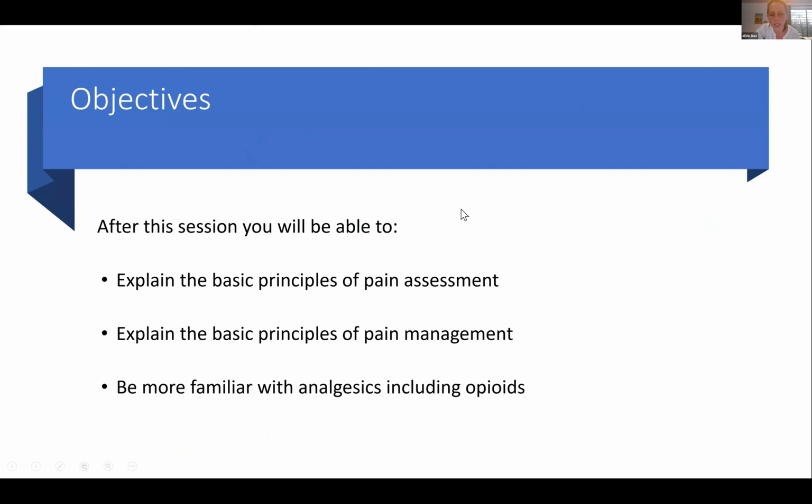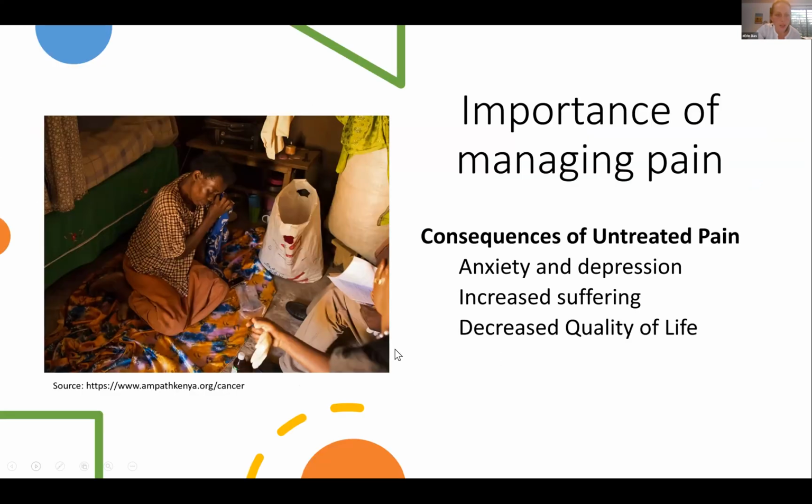So once you assess a patient in a clinic or in a hospital setting or even in a home-based visit, what are your options? How do you manage their symptoms of pain? And then to become more familiar with the analgesic options of opioids. Welcome, Dr. Nafula. When you're ready, you can definitely take over. I can just continue to share my screen.